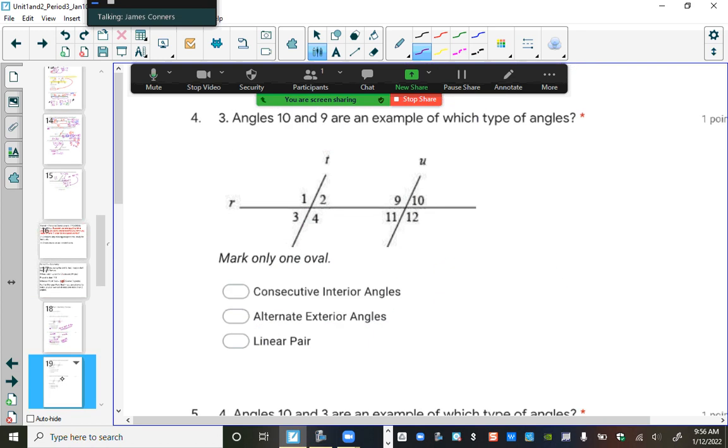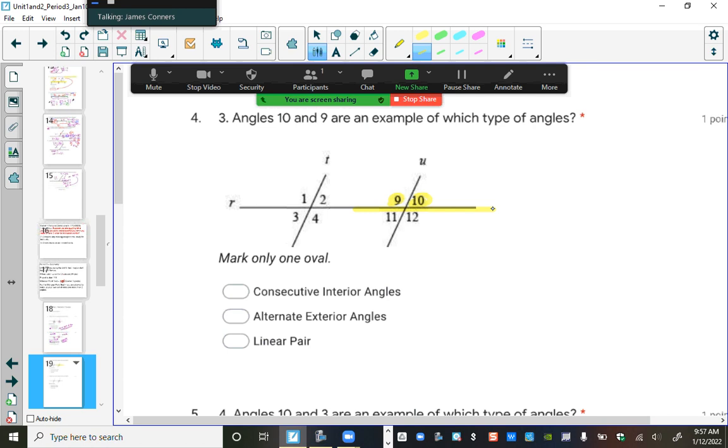Okay, what about 10 and 9? There's 9, there's 10. Let me use a highlighter for this. Who can tell us what we have here? A linear pair. Why is it a linear pair? Same line. It's on the same line. Okay. And what else is formed here between these two angles? With a linear pair, they form a straight line.